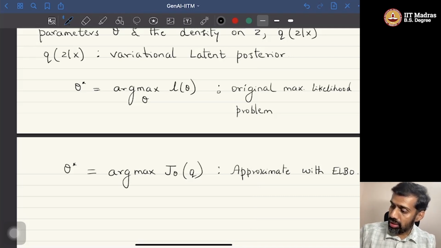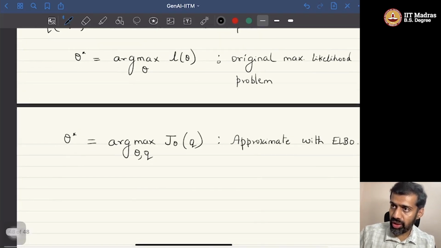Now this optimization of the ELBO involves two things. It involves optimization over the model parameters theta, and it also involves an optimization over q, the distribution that we choose over the latent variable.